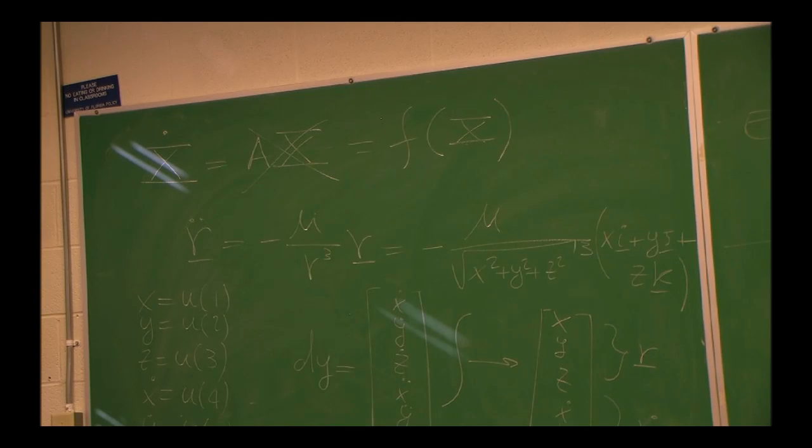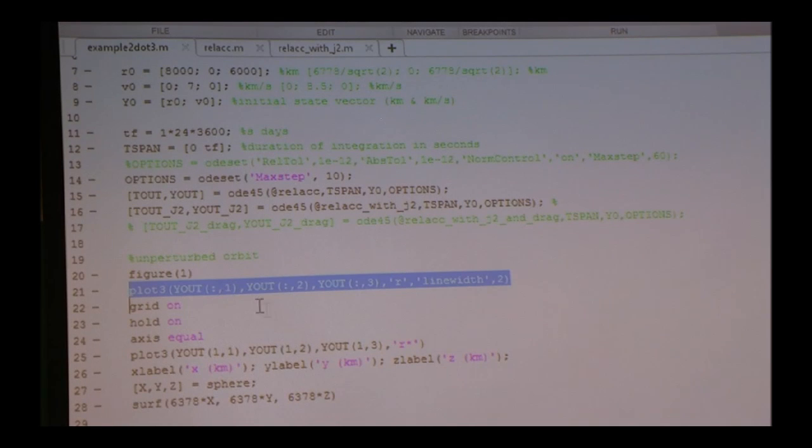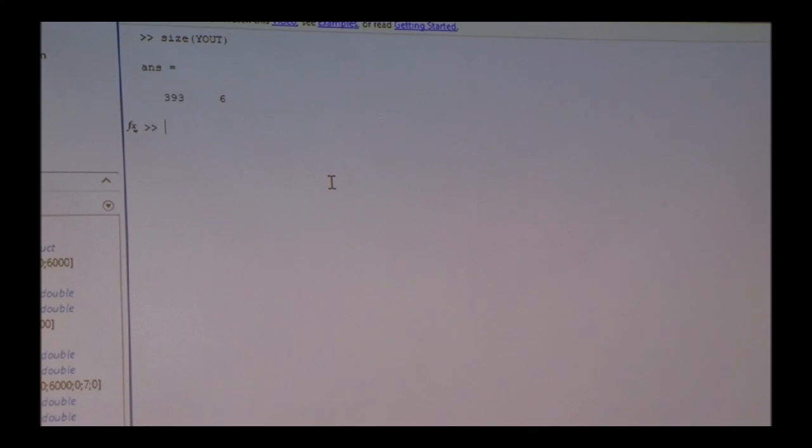So that gets me to the next part of this. I am plotting that sphere with the orbit around it. So what I did is, open a figure. Of course, I'm sure you've seen the plot3 command in MATLAB. yout is, what I told you, that matrix that has all the information that comes from the numerical integration. So one thing you want to do before you plot something like that is check how it's organized.